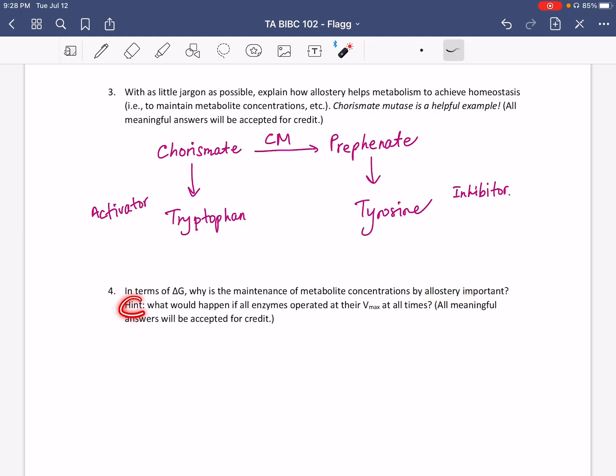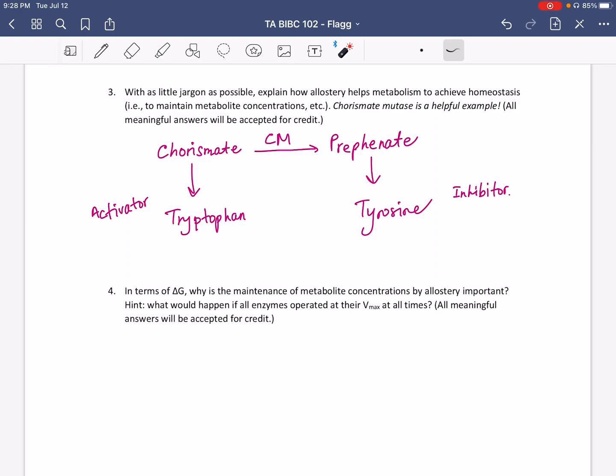And there is a good hint here: if all enzymes operated at their Vmax at all times, so every single enzyme in a cell operated at its Vmax, meaning that per given amount of time they were producing the highest possible amount of products, then over time, if we're thinking in extreme ways, in my mind almost all reactions would run out of reactants, right? And that's not a realistic way of thinking about it.